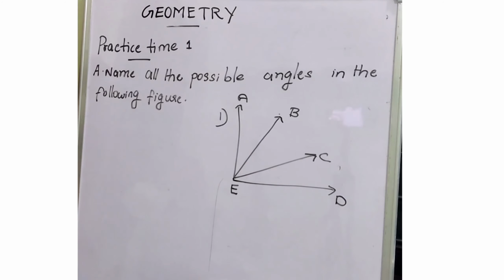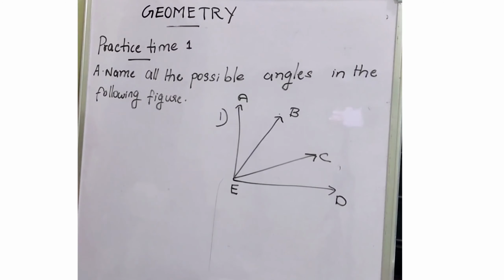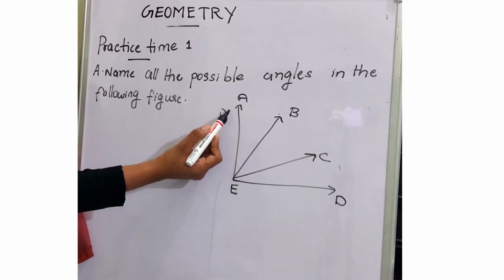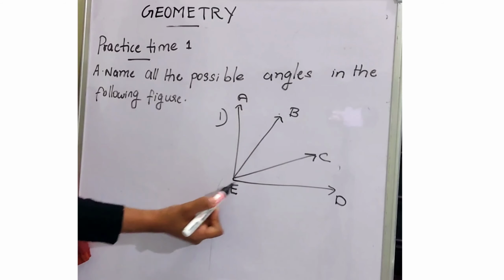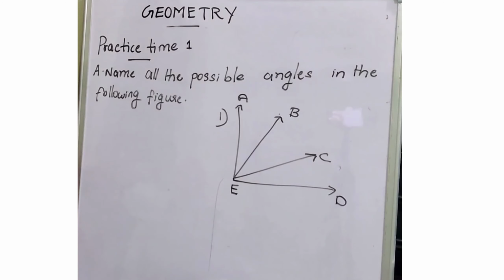Before naming, you first have to identify the angles in this figure. How was an angle formed? An angle was formed when two rays meet at a point. Here you can see many rays: ray EA, ray EB, ray EC, ray ED. So how is an angle formed?